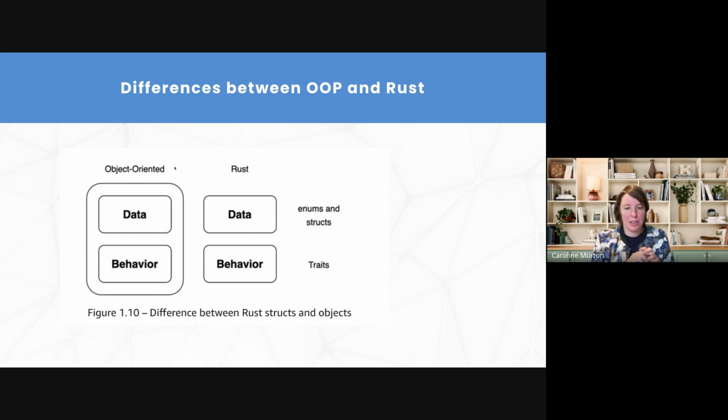So I just wanted to quickly go through object-oriented programming and Rust, just to really hammer this home. When you're using an object-oriented approach, you have your data, okay, and then you have your behavior, and they are linked together. So certain bits of data have certain behaviors that can be applied to them.